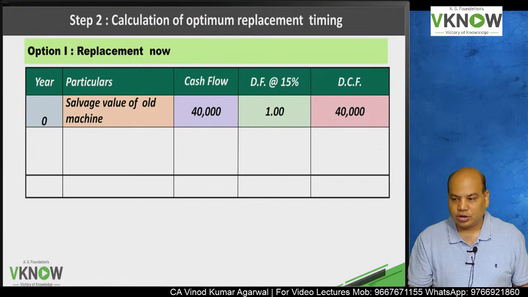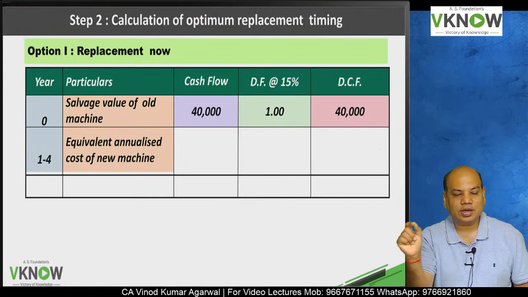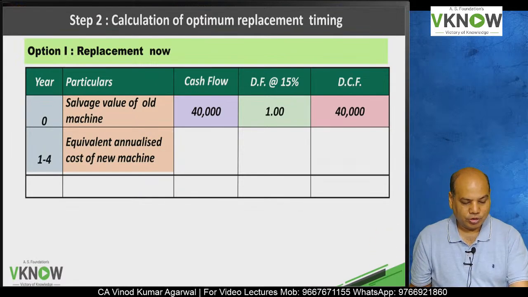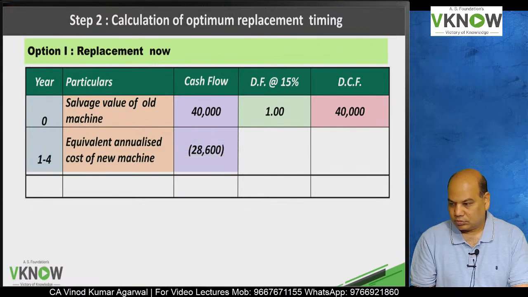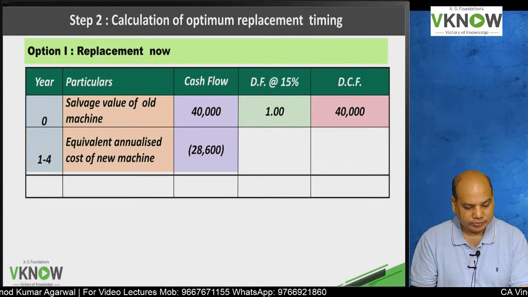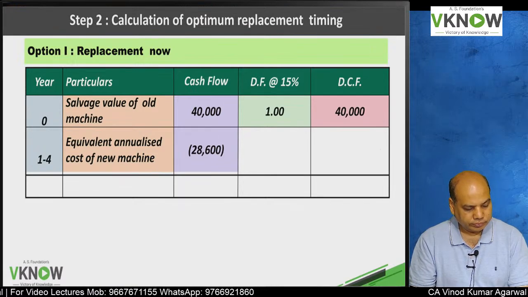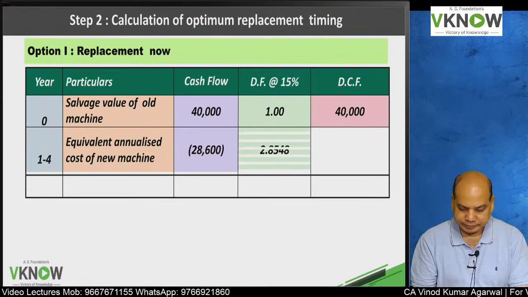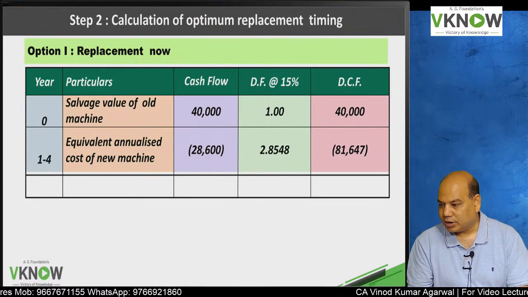And what about the next 4 years? In the next 4 years, you will incur the equivalent annualized cost of the new machine, 28,600 per annum. The factor we have to compute is 2.8548.